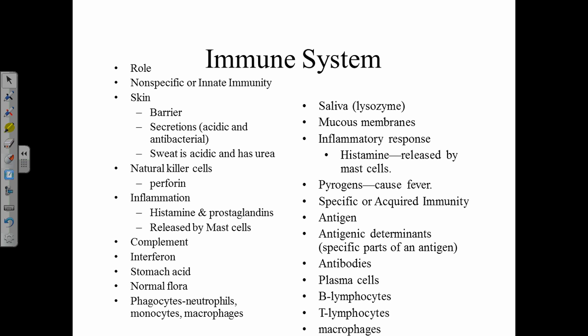It turns out that in your body right now, in or on it, there are more prokaryotic cells than there are what? Eukaryotic cells. There are more bacterial cells on or in you than there are your own cells. That's kind of strange. What do they do for you that's good in terms of your immune system? Well, they help with digestion, that's true, but that's not so much with the immune system, right?